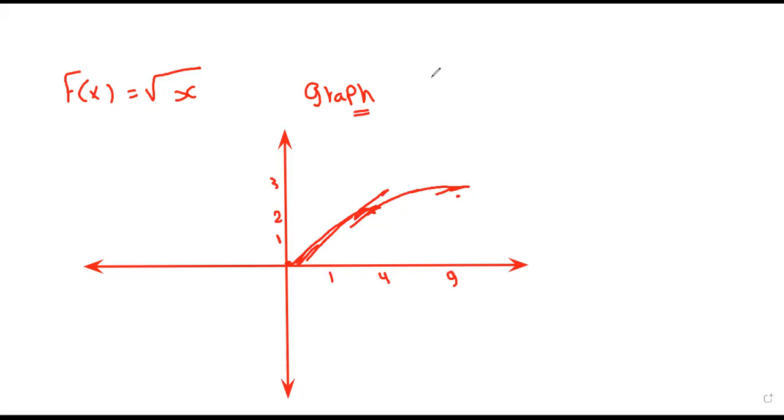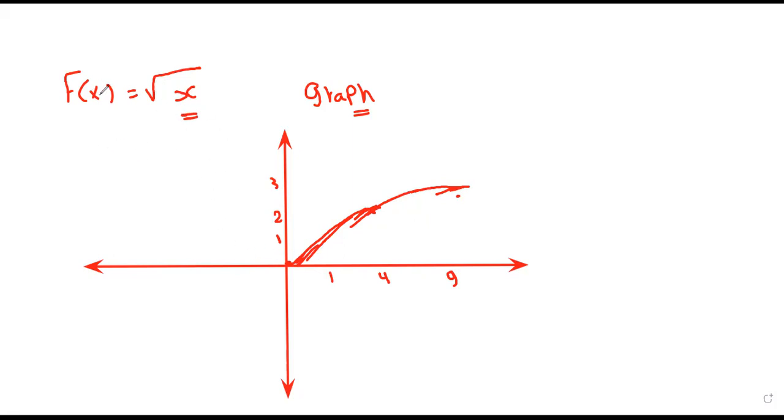So what are the values of x we can get? We can get all positive values of x. If we put any positive value instead of x, we can find f of that value. What about negative values of x? Any negative value of x is undefined.